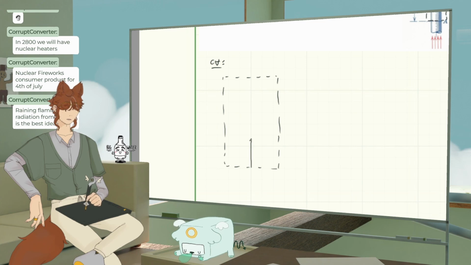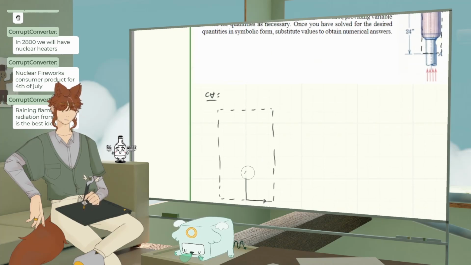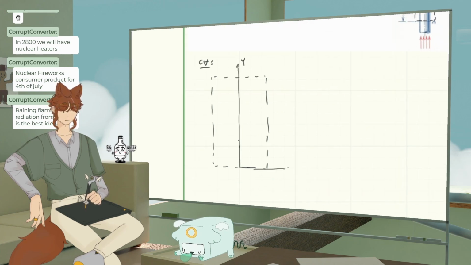I mean, it is cylindrical. I just don't really want to deal with that angle. It's just going to be easier to do X and Y, I think. Still going to do it symmetrically, but you know.